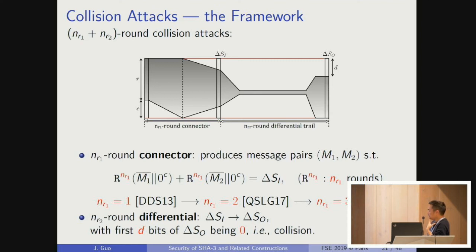Depending on what technique we use, the number of rounds covered by the connector varies. Dinur et al. in 2013 found this for a 1-round connector, and we later extended this to 2 and 3. The requirement of the differential trail is that the first few bits of the output should have difference 0, because they are the outputs. If the difference is 0 there, it means collision. Otherwise, it's not.